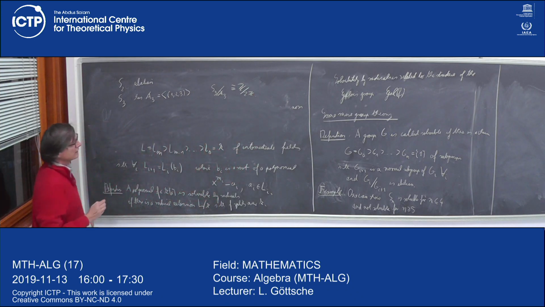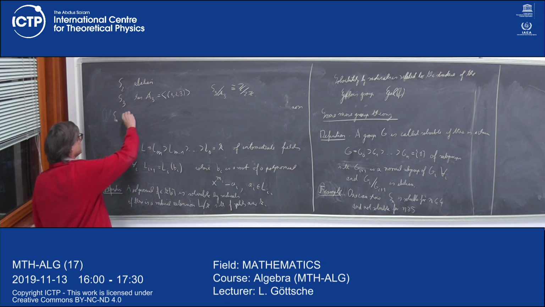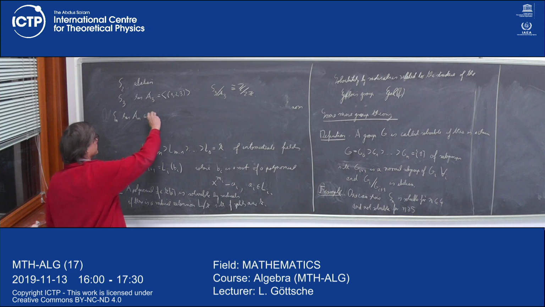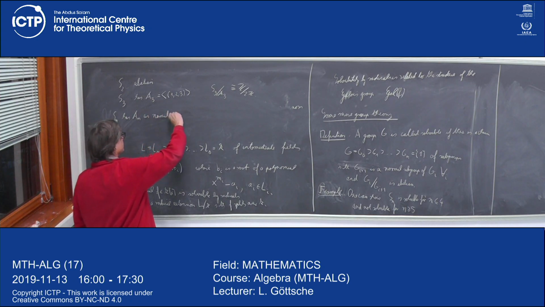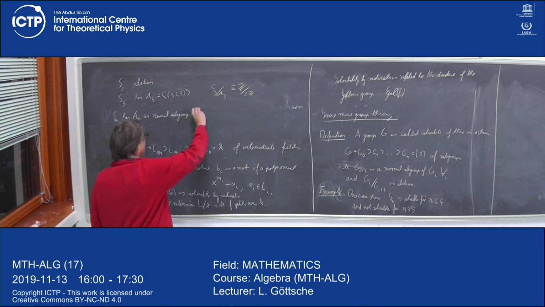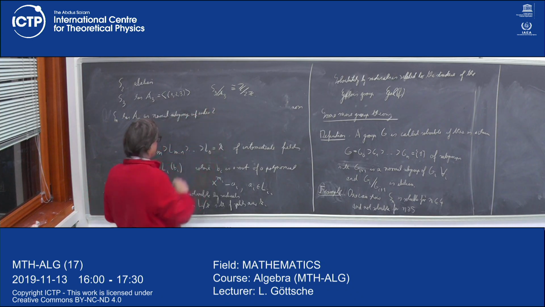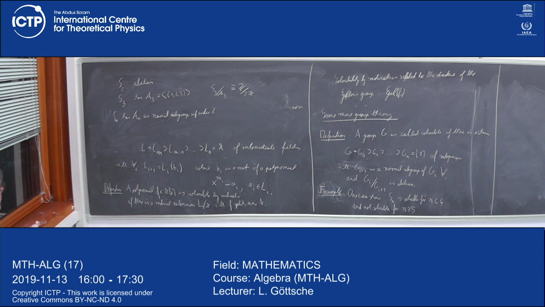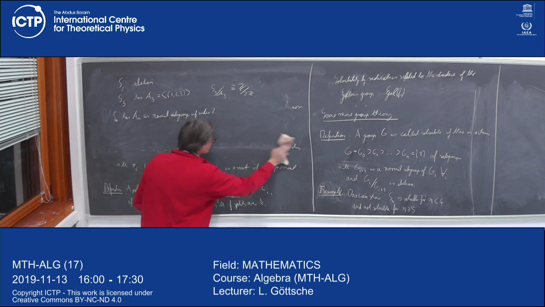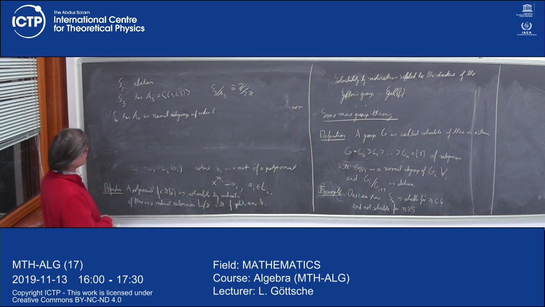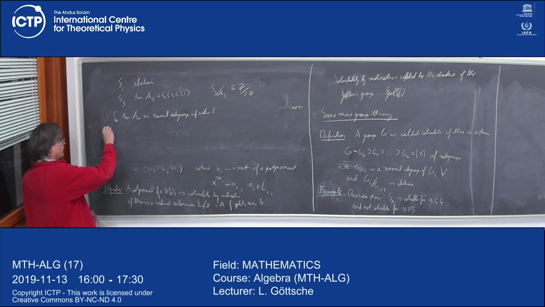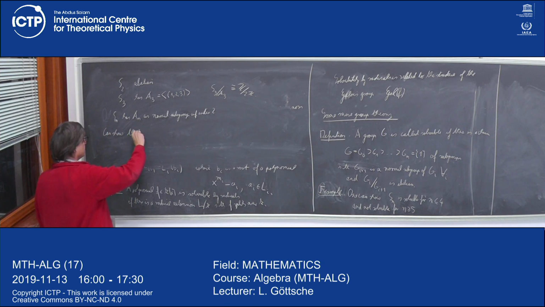In fact, we have seen that S_n has A_n as a normal subgroup of index 2. And it's obviously the only index 2 normal subgroup. But the claim is, one can show that A_4 is solvable.